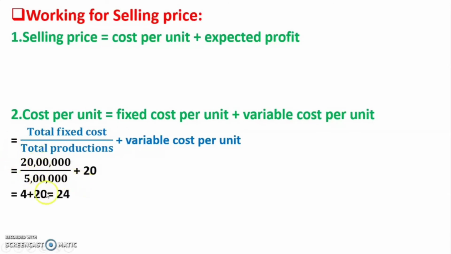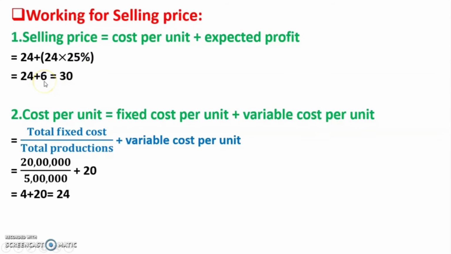After this calculation, we find cost per unit is taka 24. So we put the values in the selling price formula: cost per unit plus expected profit, which is cost per unit times 25% profit.